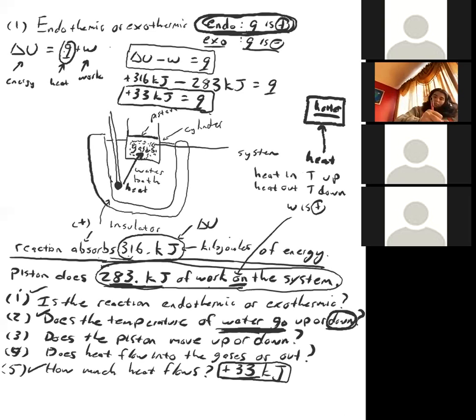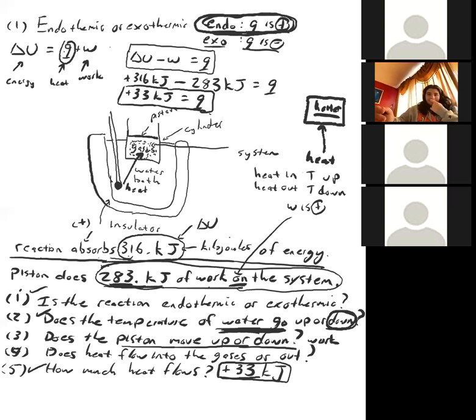The next issue is, does the piston move up or down? And that has to do with work. Okay, so heat is temperature, exothermic, heat going in, heat going out. Work, W, is the piston moving in or out.